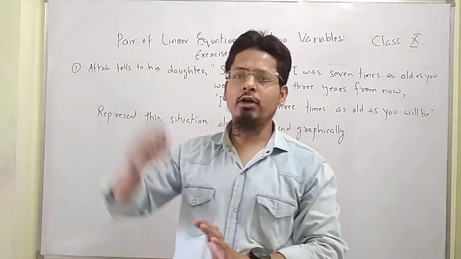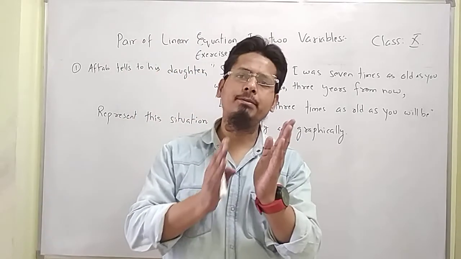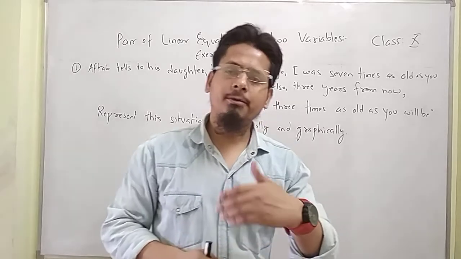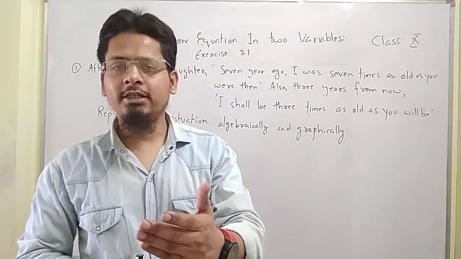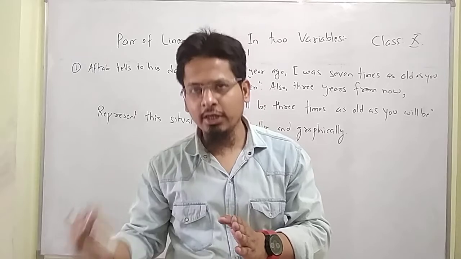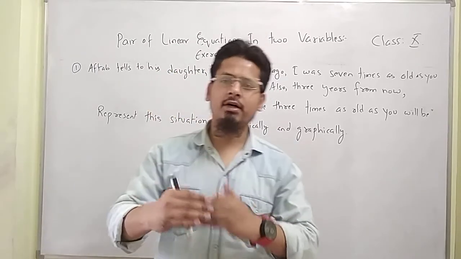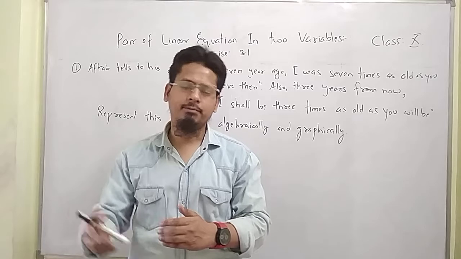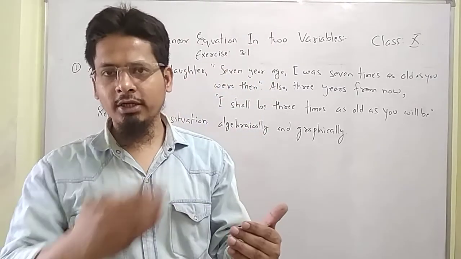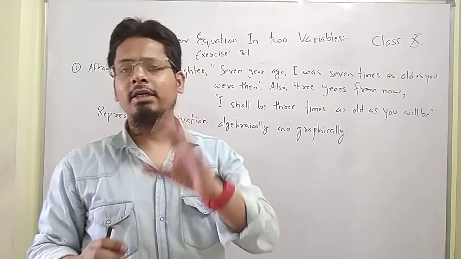Means in 2014, the father's age was 7 times that of his daughter. If the father's age was 21, then the daughter's age was 3 years, 3 into 7, 21. Children, clear?